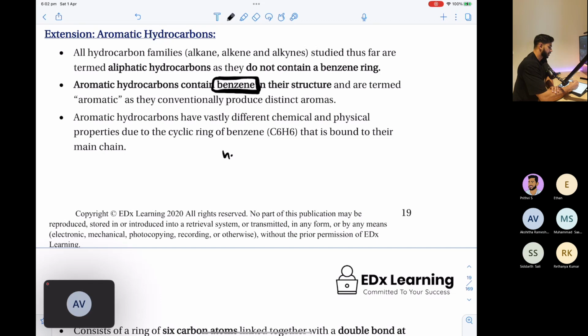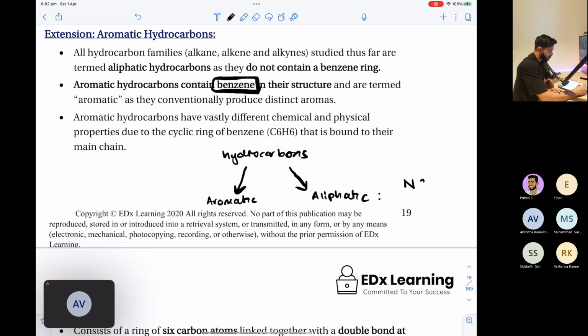When we say the word hydrocarbon, we're talking about any compound that contains an H and a C. Under this huge kingdom of hydrocarbons, we can have aromatic hydrocarbons, or we can have aliphatic hydrocarbons. They're aliphatic when there is no benzene. Benzenes are not allowed in this club. And aromatic hydrocarbons do contain benzene.